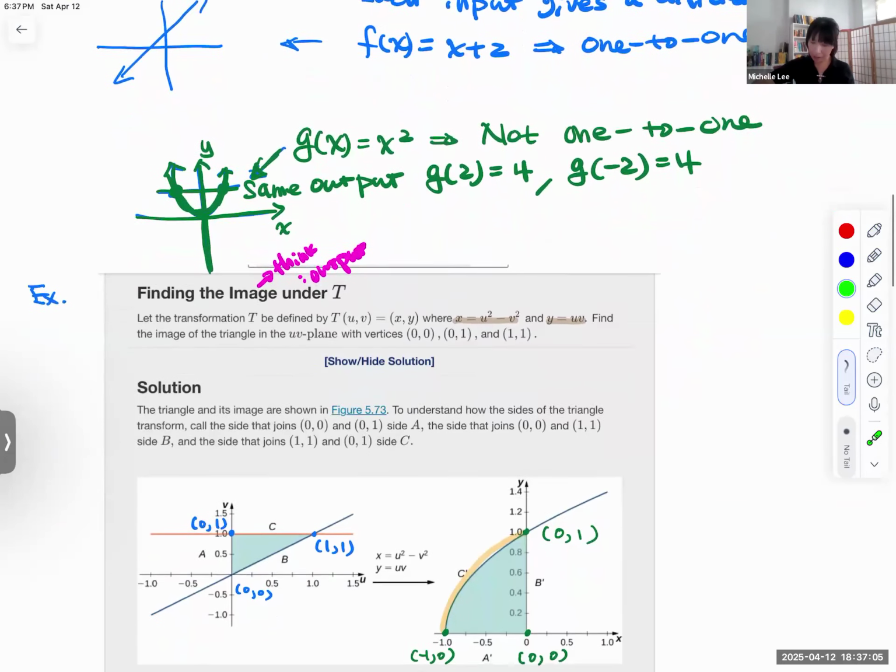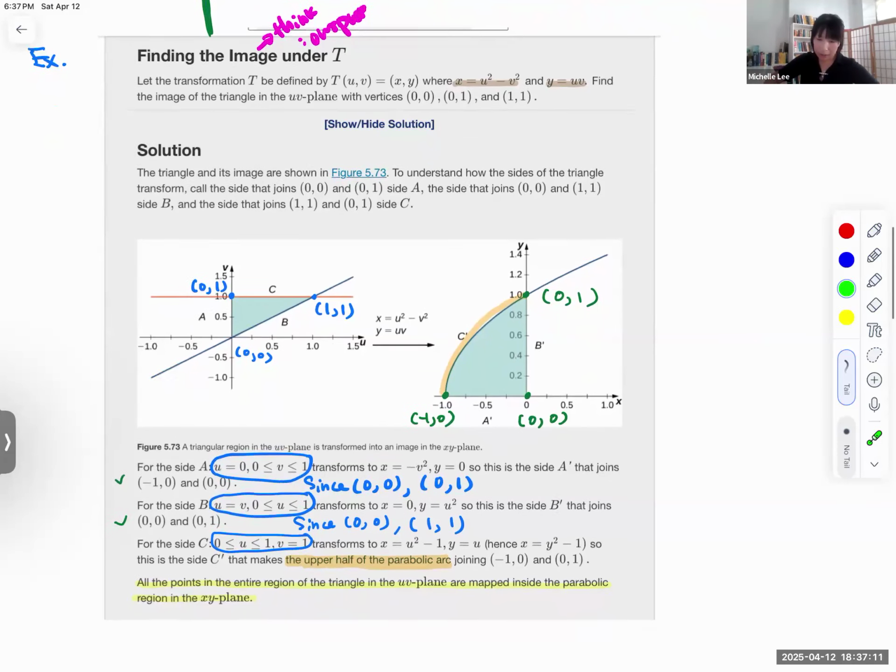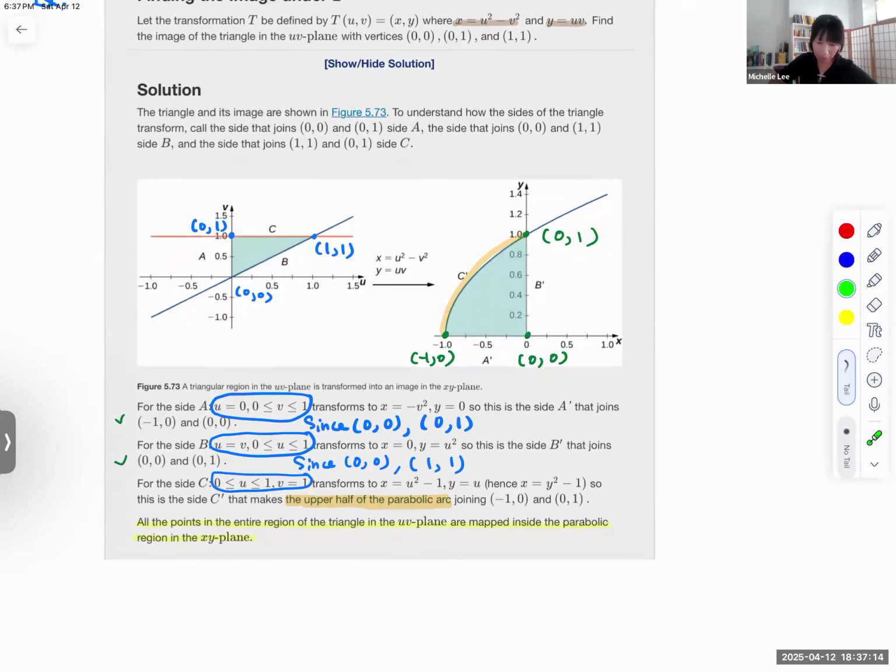Okay, let's do it. We have the image here. For side A, this transforms to A prime here, right? How did they get that? Let's take a look. The ordered pair is U, V. Looking at A, we have (0,0) and (0,1) there, right?